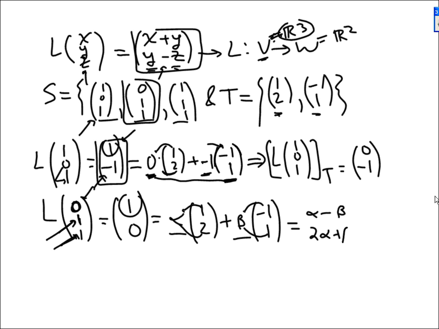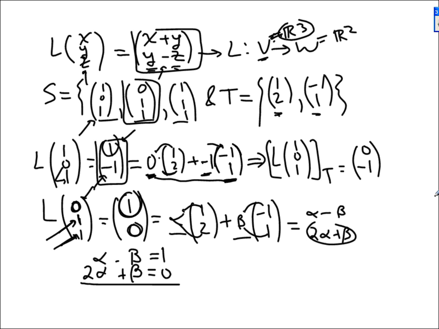So alpha take away beta is our 1, and 2 alpha plus beta is 0. Now, if I add these, the betas cancel. So this time 3 alpha is 1. So alpha is equal to 1/3.